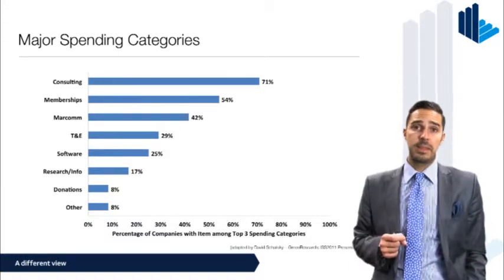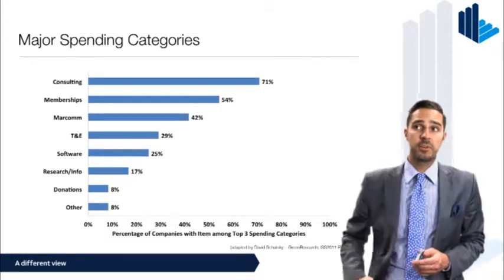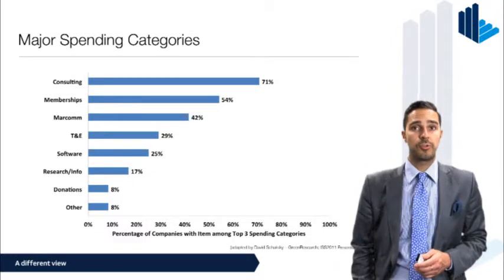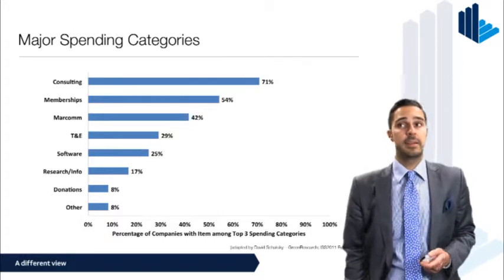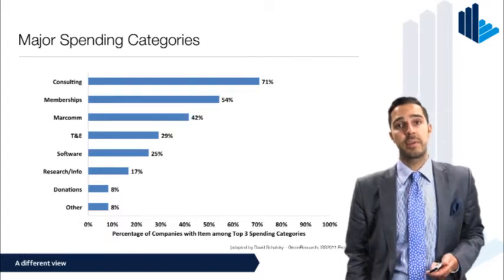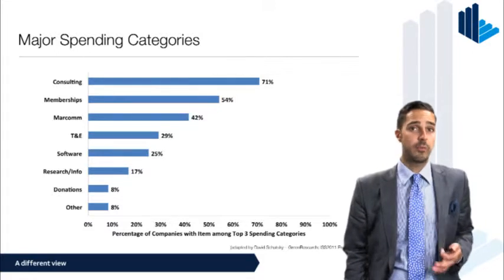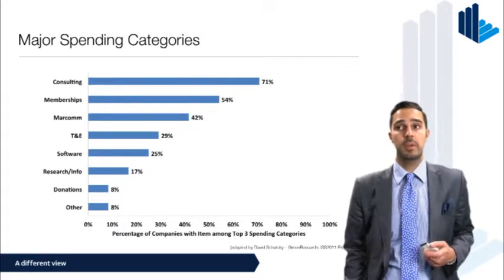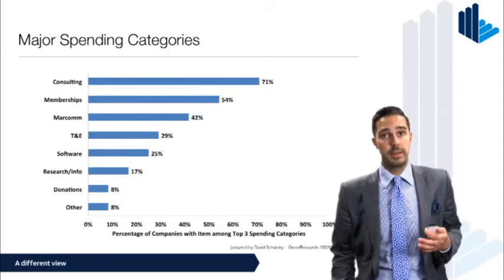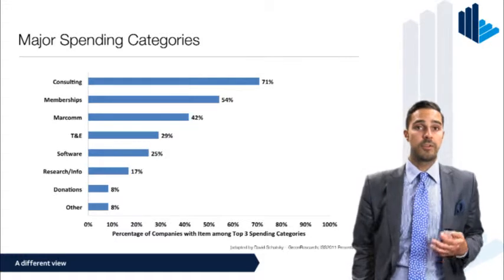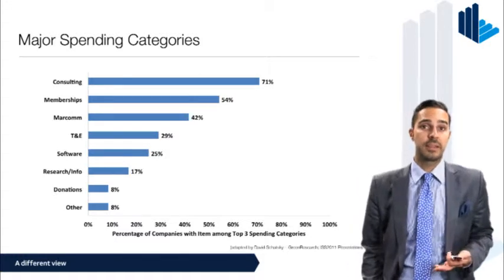This was an interesting finding of the research. At a certain point, Green Research investigated major spending categories in Fortune 500 companies in relation to sustainability projects, and the breakdown of costs highlighted in the first position the cost of consulting. What does this mean?